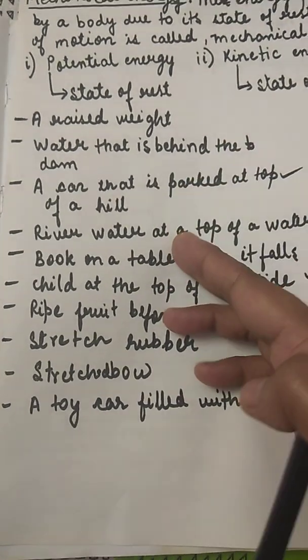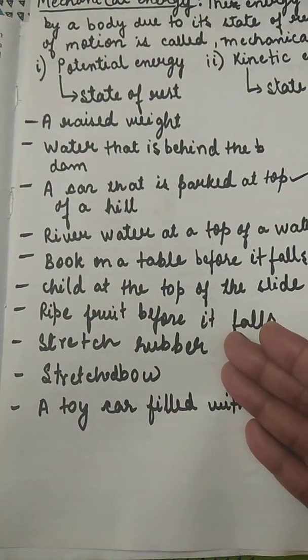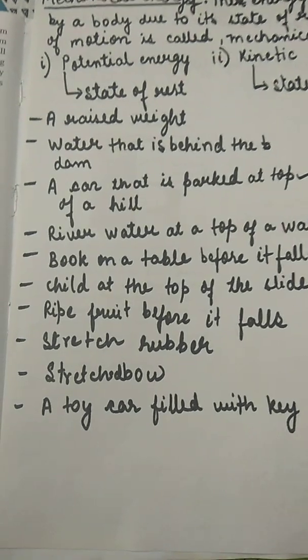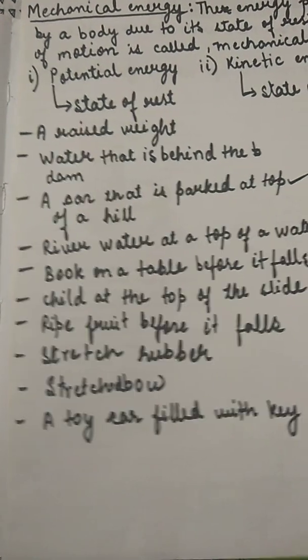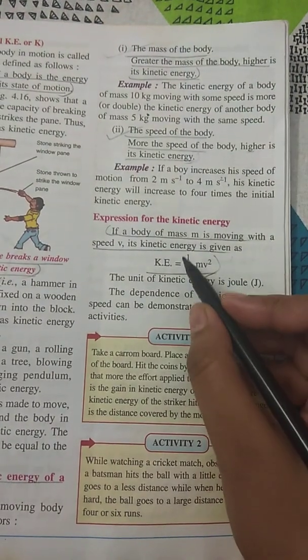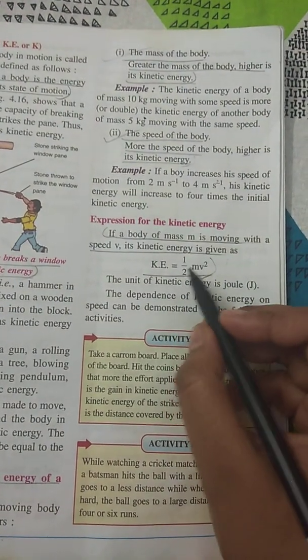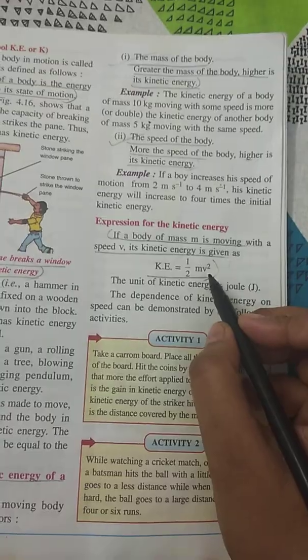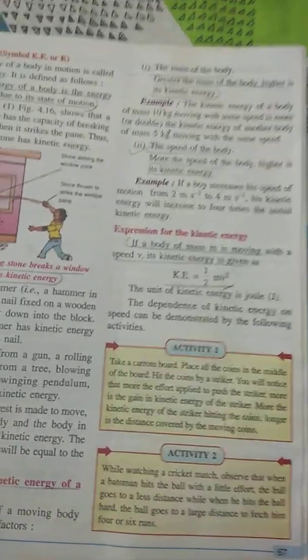So these are also examples of kinetic energy, when it is left or turned into motion. So we have the expression half mv square, with mass and the speed of the body.